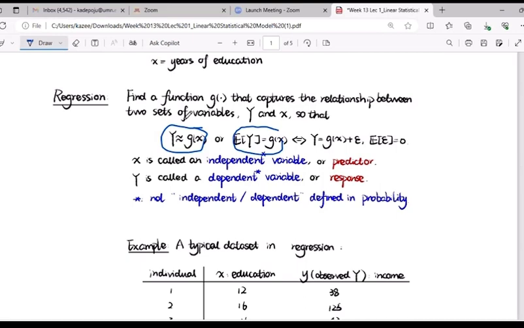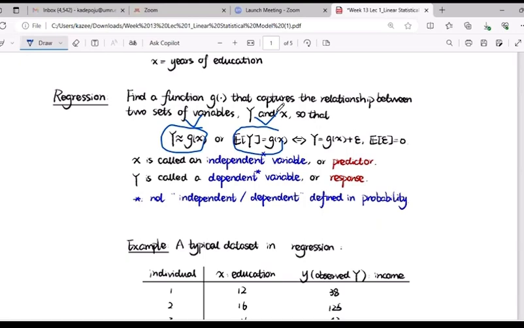It is not equality, it is approximately. But we believe that on average, the estimated model will be the same as reality.